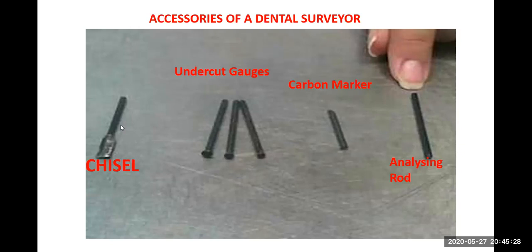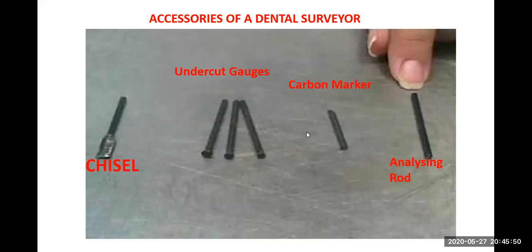If you want to block out an undesirable undercut with your material, usually with wires, then the chisel will help you to level down the block out material so that you'll be able to block out the undesirable undercut.